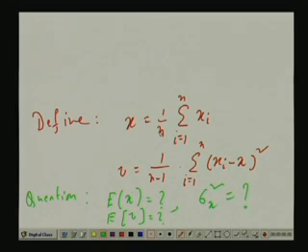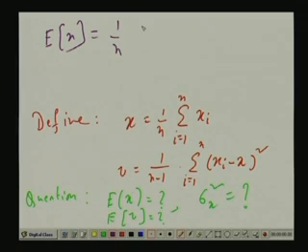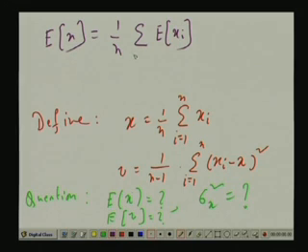Okay. First one is very simple. E of x bar, using that linearity, obviously 1 by n summation E of x I. And so, what is E of x I?